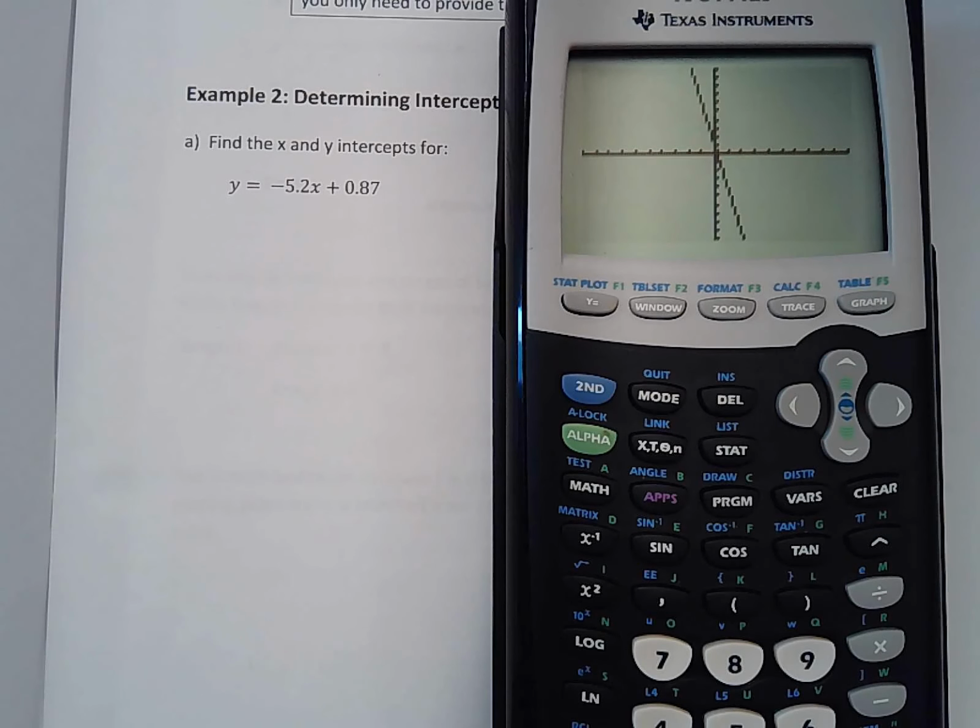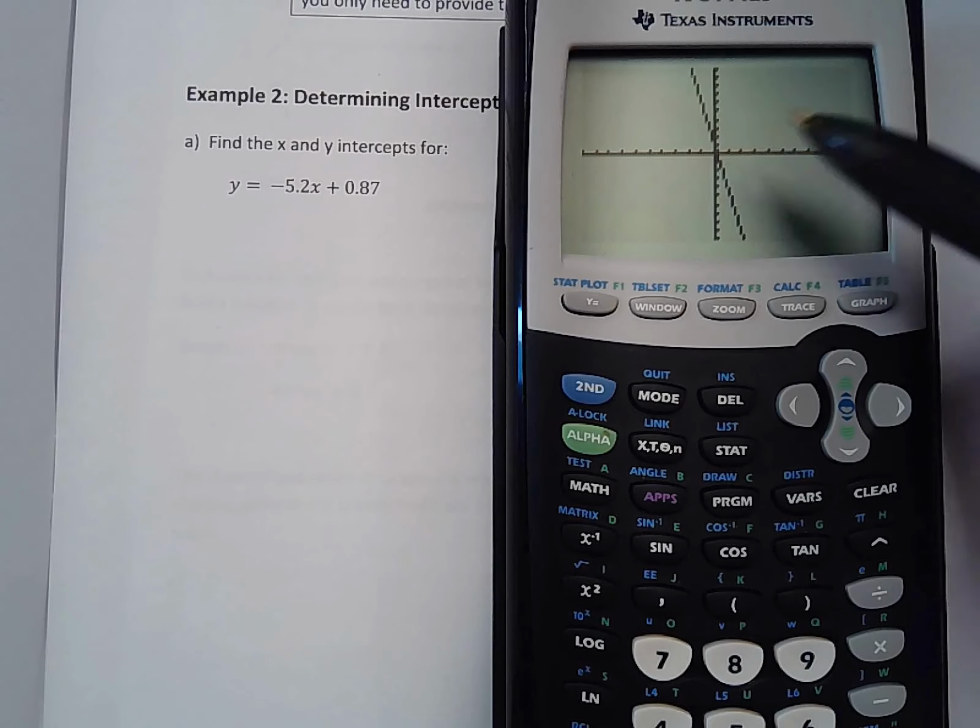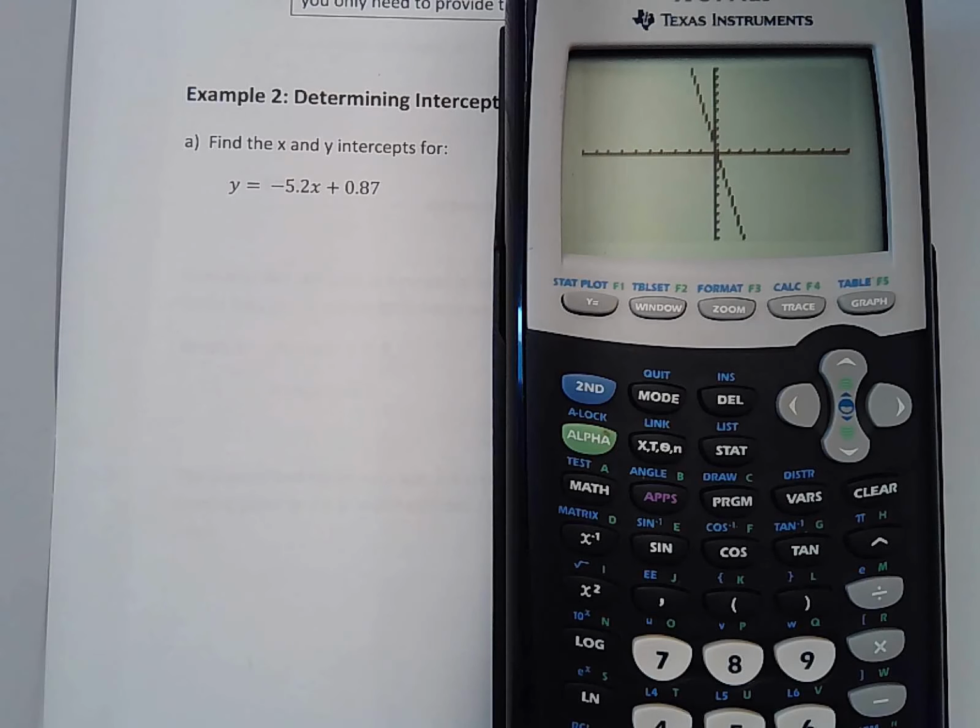Okay, good. Where do you think the x-intercept is there? It kind of looks like it's at 0, right? We can't really see it.